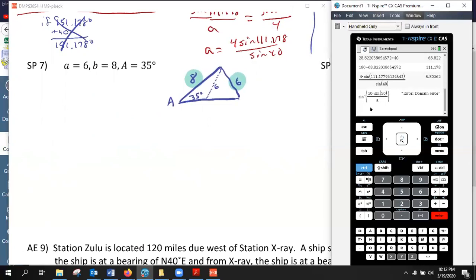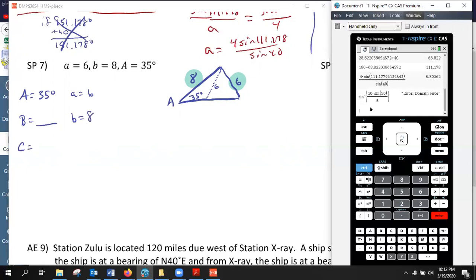So I have my side-side-angle. Therefore, A equals, in this case, A is 35 degrees. I know side A is 6. I don't know angle B. I know side B, and side B is 8.